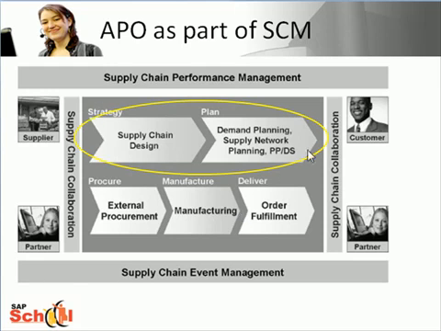The key components of APO are the supply chain design, and then you have the planning strategies: demand planning, supply network planning, PPDS, which is production planning and detailed scheduling.